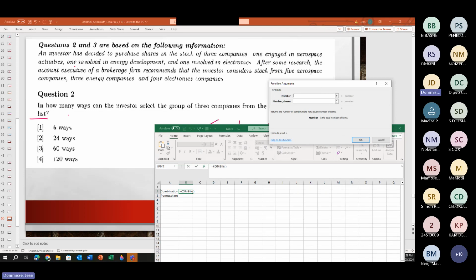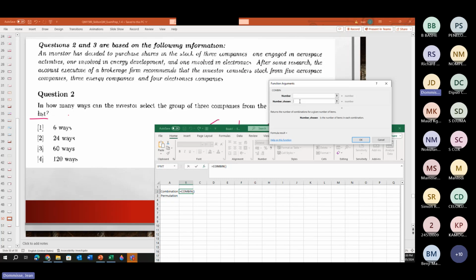An investor has decided to purchase stock. After some research, the account executive of Brokerman considers stock from 5, 3, and 4. How many ways can investors select the group of 3 companies? Okay, so what would you guys have?